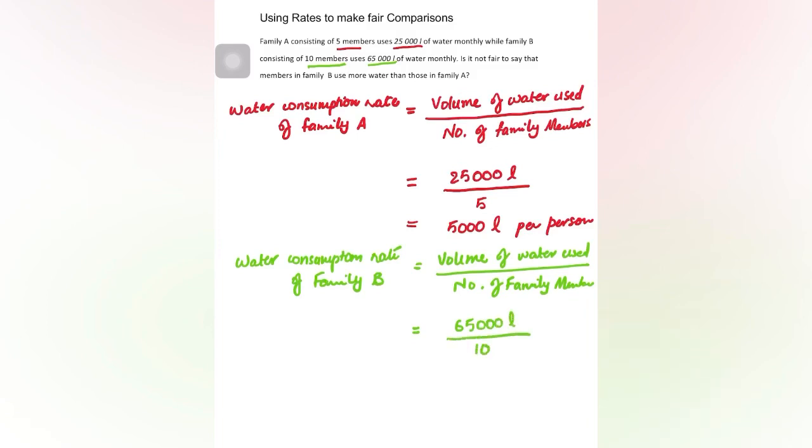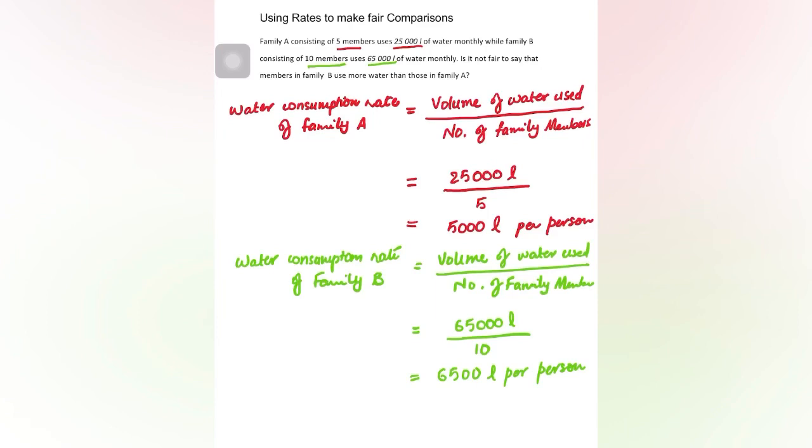They have 10 family members. So the answer will be 6,500 liters per person.